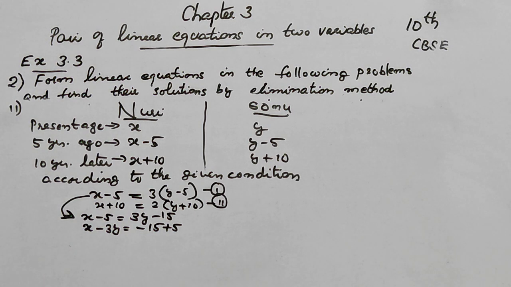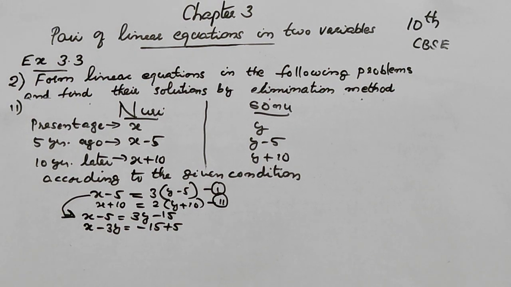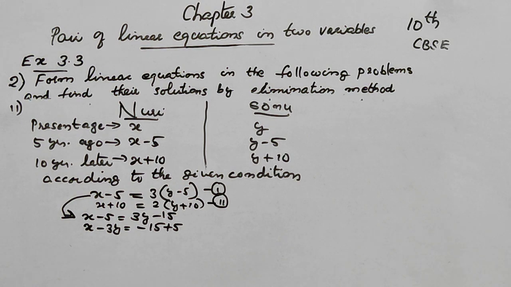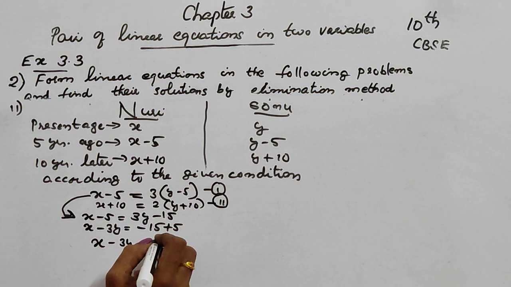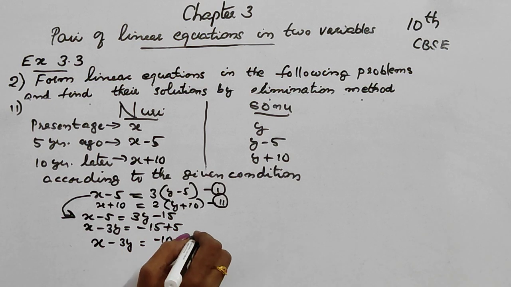That is x minus 3y equals minus 15 plus 5. What is the answer? x minus 3y equals minus 10. This is the simplified form of the first equation.